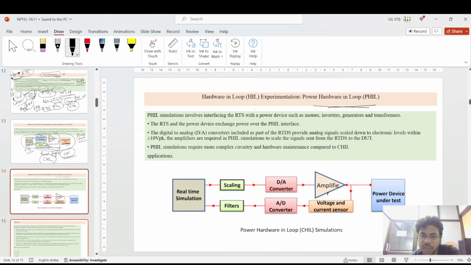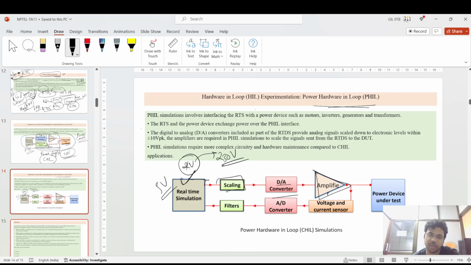But coming to the power HIL, you have a power conversion stage in between. Suppose there is an amplifier in between, that is a scaling factor, and you can send this power to the D to A converter. Suppose in the real-time simulation you observe a 2 volt signal, but in the real environment it is 230 volt.